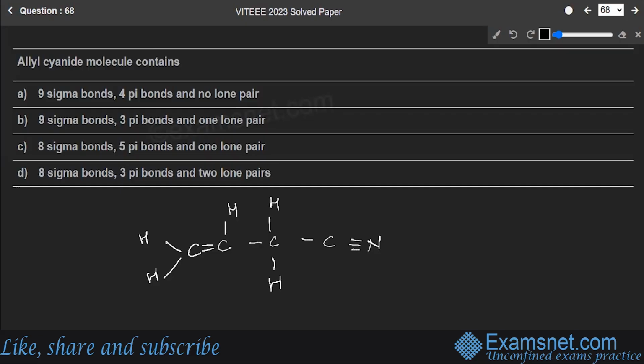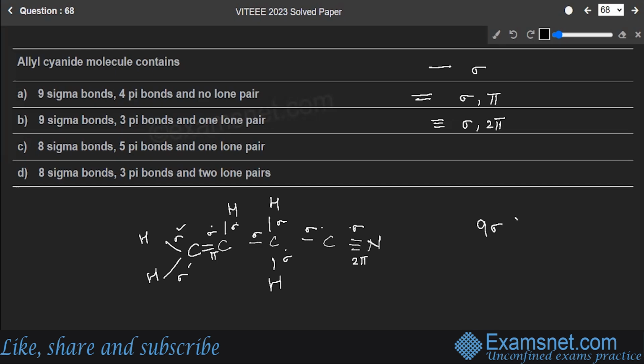For one single bond, this is a sigma bond. A double bond is one sigma and one pi, and a triple bond is one sigma and two pi bonds. So let's see it over here. This is one sigma and two pi, and over here this is sigma, sigma, sigma, sigma, sigma, sigma, pi, sigma, and sigma. Let's count 1, 2, 3, 4, 5, 6, 7, 8, 9.